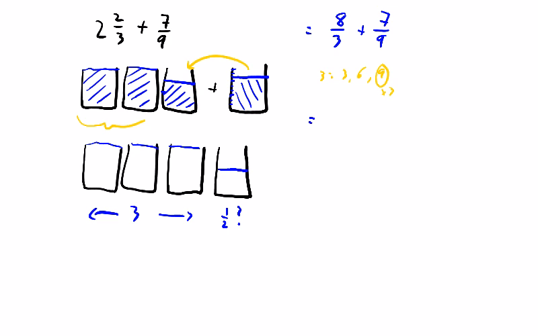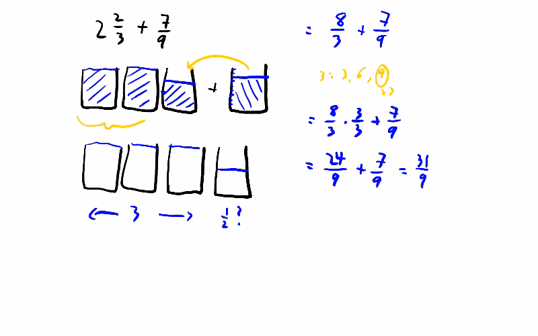We can take 8 thirds times 3 over 3 plus 7 ninths. So 8 times 3 is 24 over 3 times 3 plus 7 ninths. So if I have 24 ninths and I add 7 more ninths, I should end up with 31 ninths.